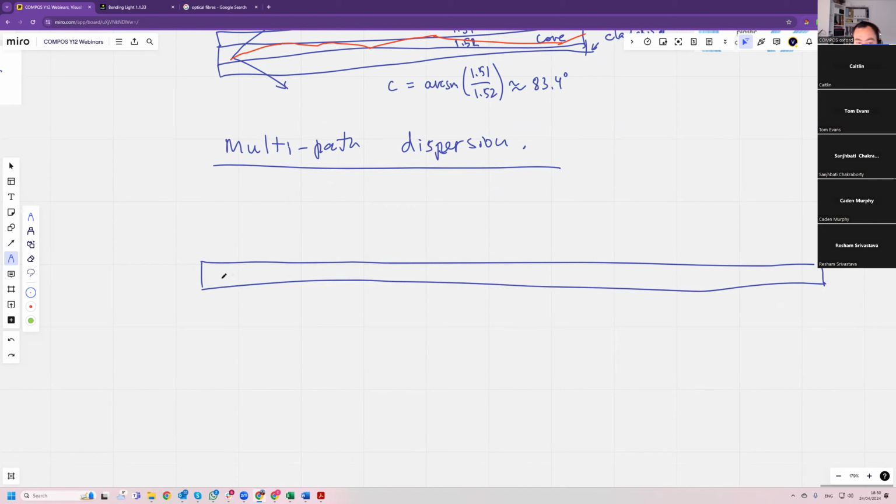Now, without the cladding, you are allowed to travel like this, for example, bouncing back and forth, or you can bounce like this.